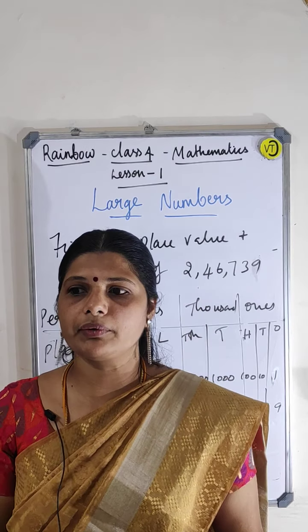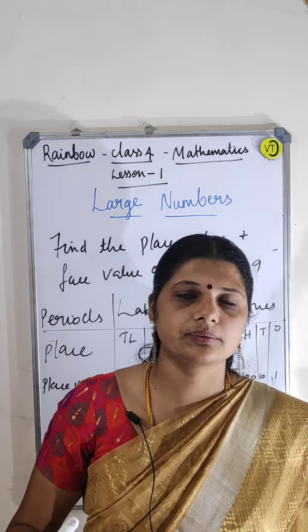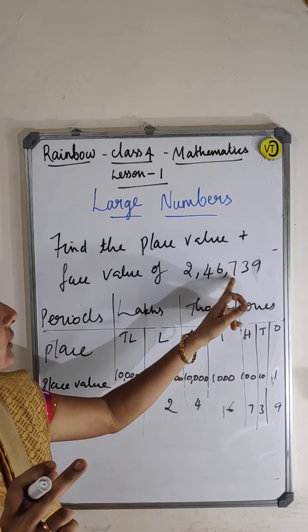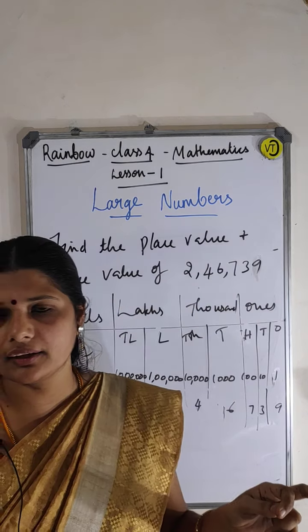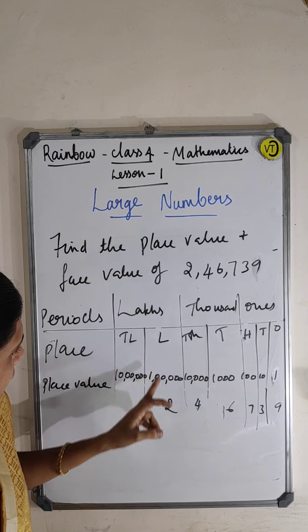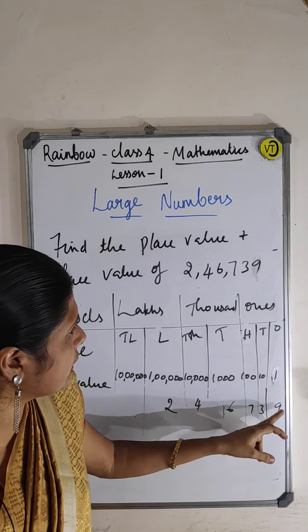In the thousands period, thousands and 10,000, and in lakhs, lakhs and 10 lakhs. Here 10 lakhs is not there. Okay, it is a 6-digit number here. So I have taken 2, 4, 6, 7, 3, 9.